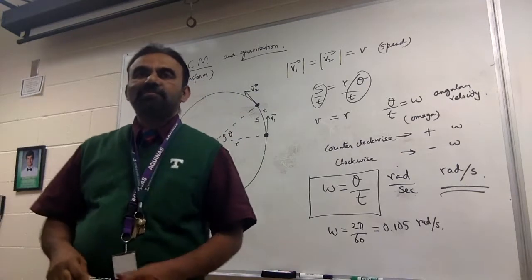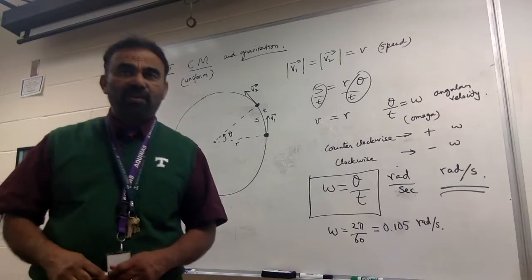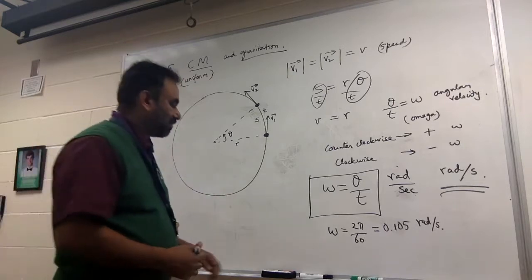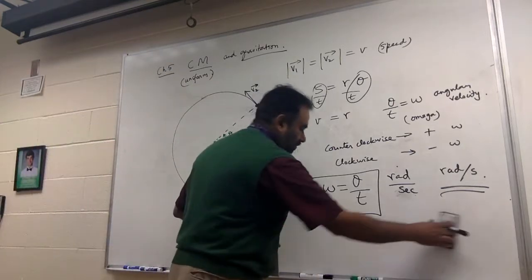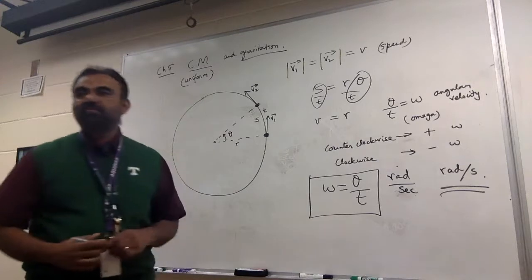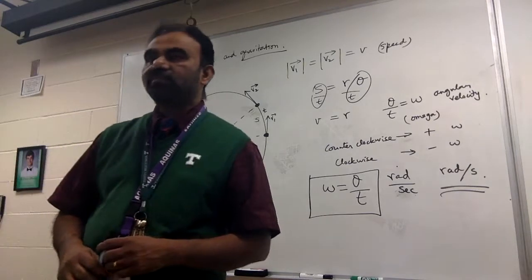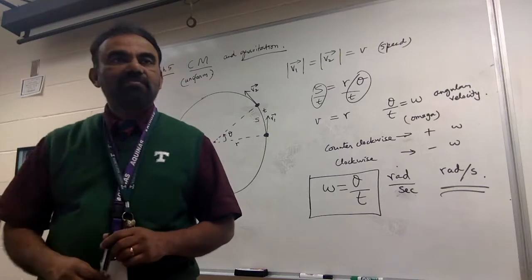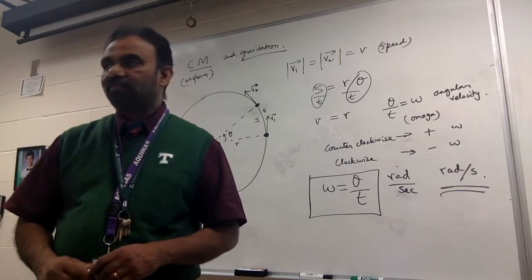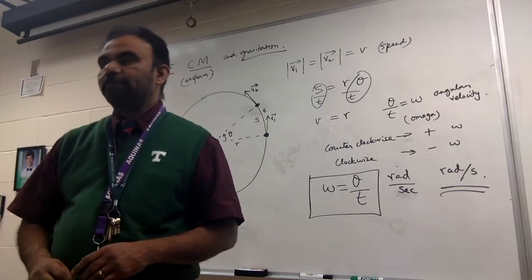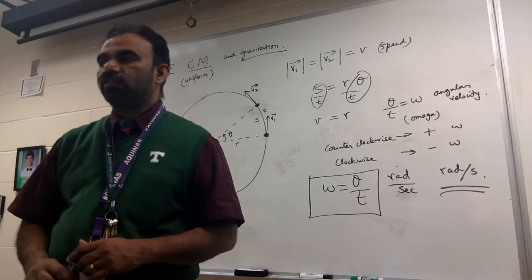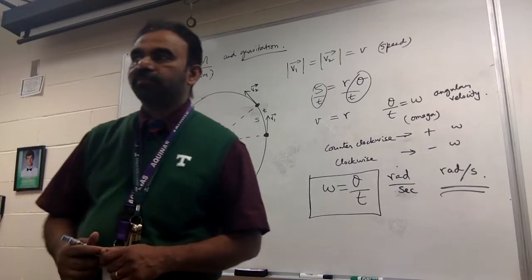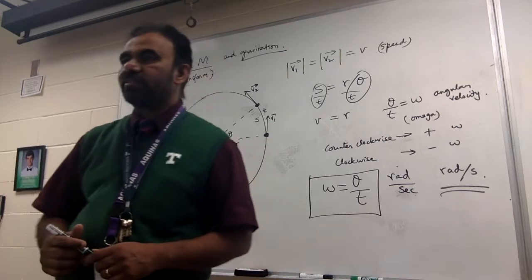Find out the angular velocity of the hour hand of the clock. Go ahead. How much is the angular velocity of the hour hand of the clock? Anyone has the answer?